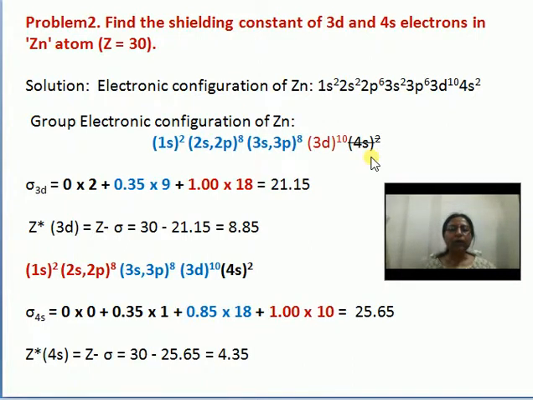Now first we are going to calculate the sigma value on one of these 3d electrons. So the number of electrons for 3d we are going to consider as 9. And for the ones to the right, the contribution will be 0, so 0 into 2.